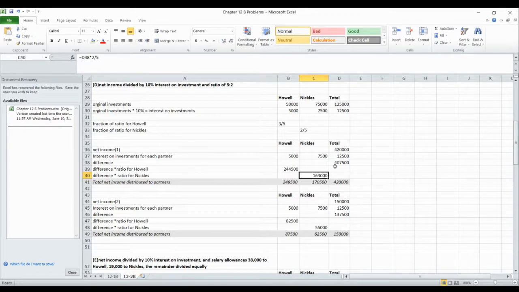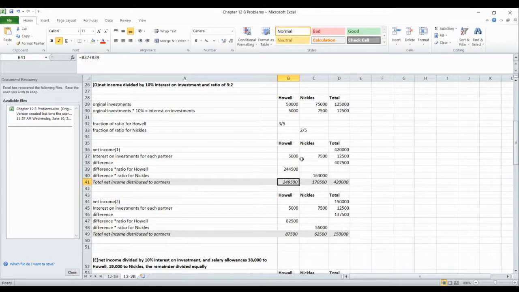So we take that same difference of 407,500 and we multiply it by 2/5, and that will give us Nichols' share of the difference, 163,000.